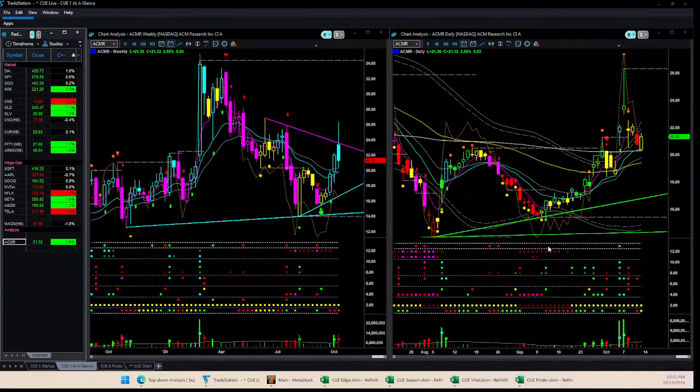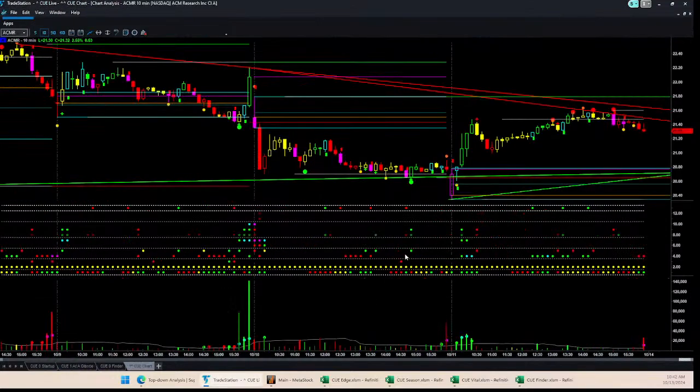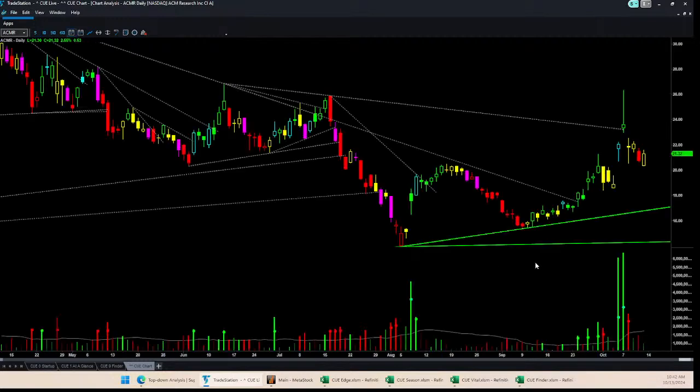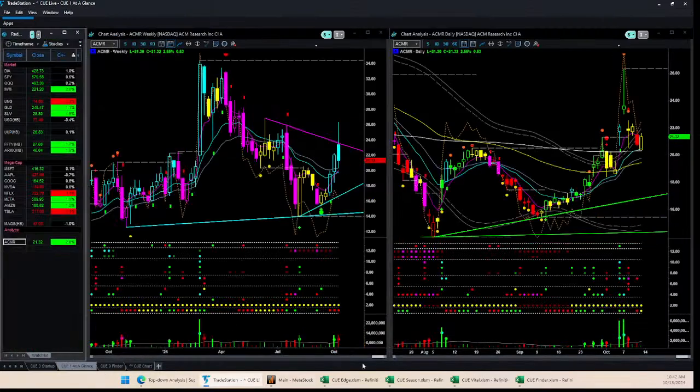This is the stock. I shared it on this day as a gap and breakout candidate. If I look at the historical chart in Q Elite on TradeStation, it was a flow and gap buy setup.